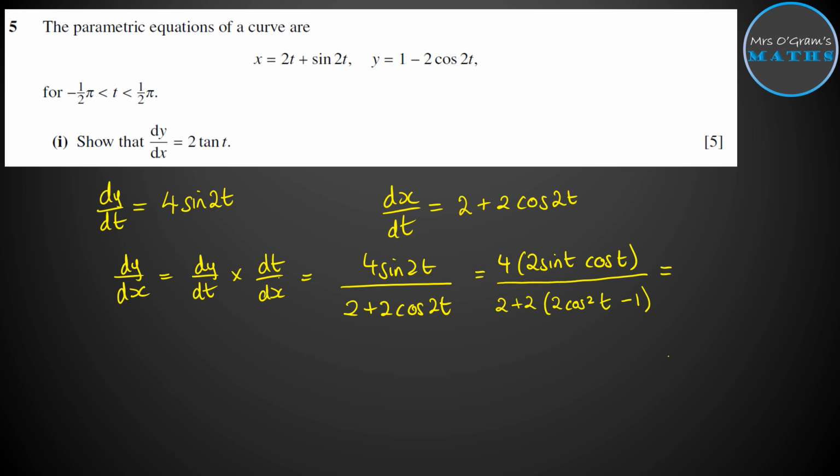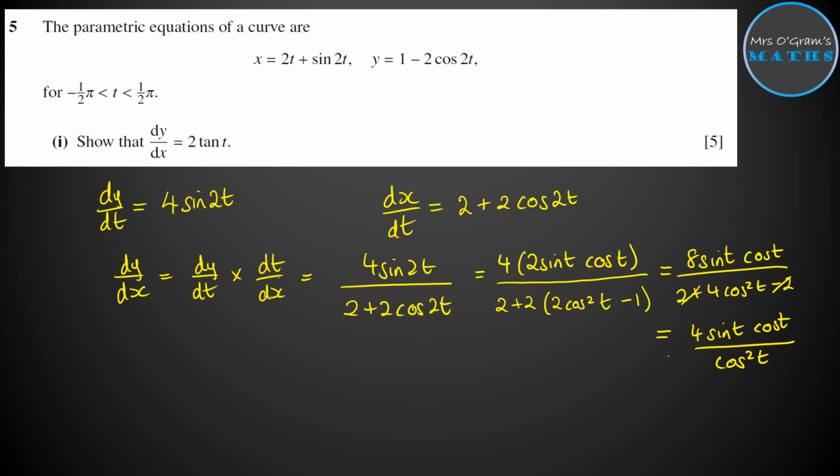So now if we work through that, we'll get 8 sine t cos t over 2 plus 4 cos squared t minus 2. So those 2's cancel on the bottom, and we can simplify the 8 over the 4 to be 4 sine t cos t over cos squared t.